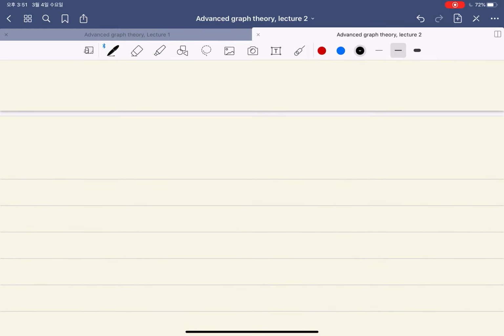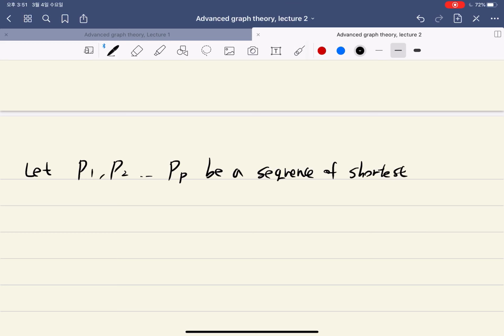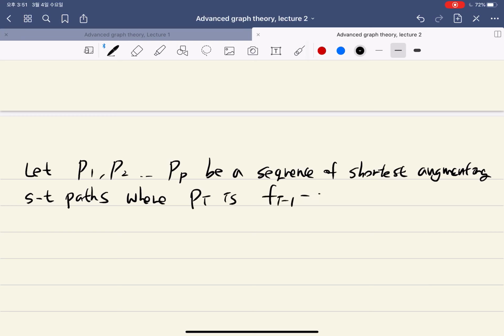So now we want to prove the theorem. Let P1, P2, up to P sub p be a sequence of shortest augmenting s-t paths, where Pi is an f(i-1) augmenting path.